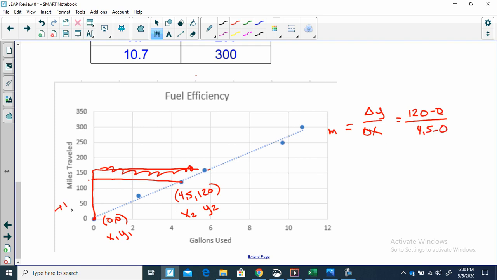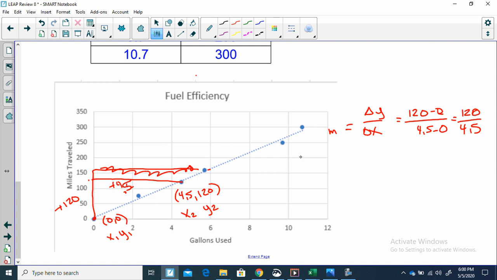This is up 120, this is over 4.5. Changing y over changing x gives me 120 over 4.5, which is 120 miles per 4.5 gallons. Let's divide 120 by 4.5 and we can get our miles per gallon.